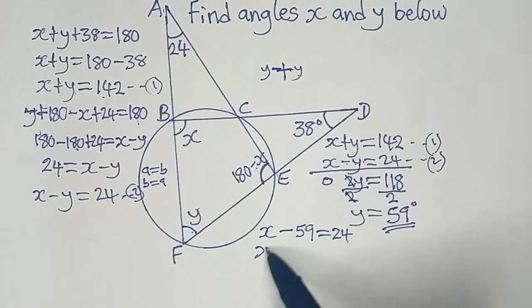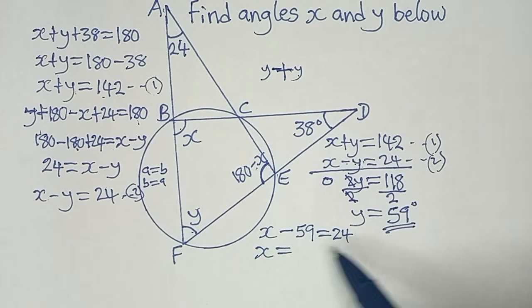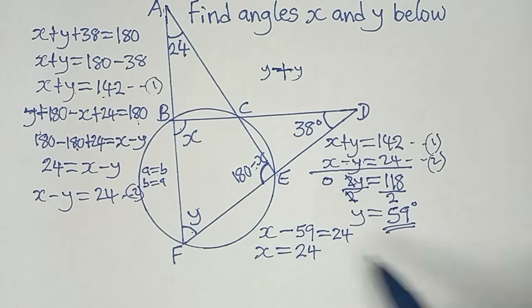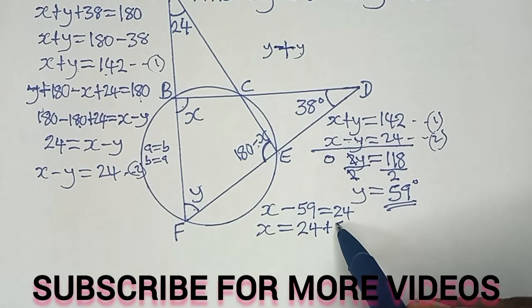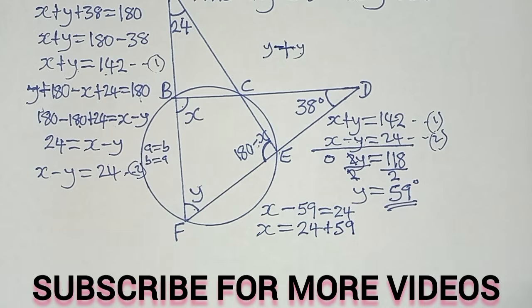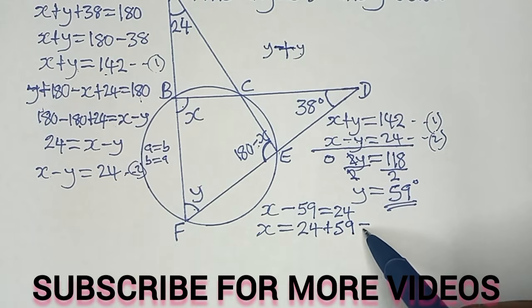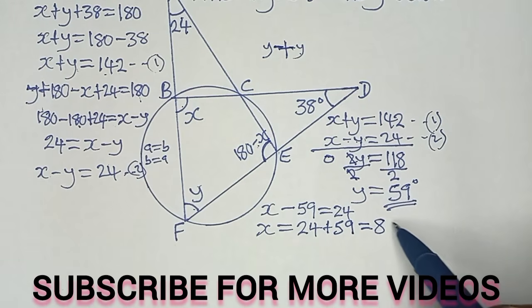So x will be equal to 24, which is already on this side. When this minus 59 comes to this side, it becomes plus 59. And 24 plus 59 will be equal to 83.